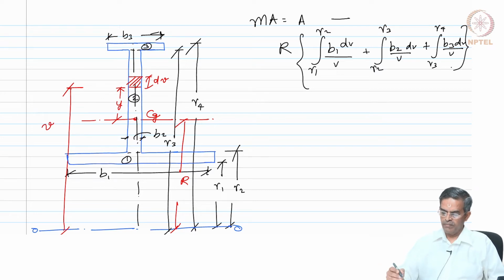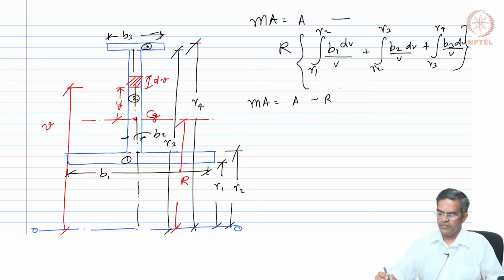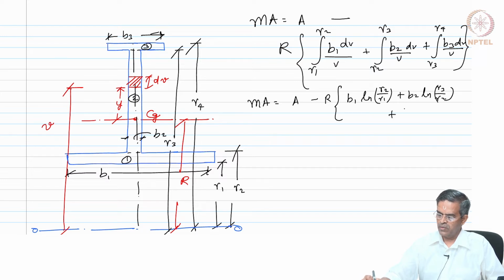Which will now become A minus R times of B1 ln R2 by R1 plus B2 ln R3 by R2 plus B3 natural logarithm R4 by R3.